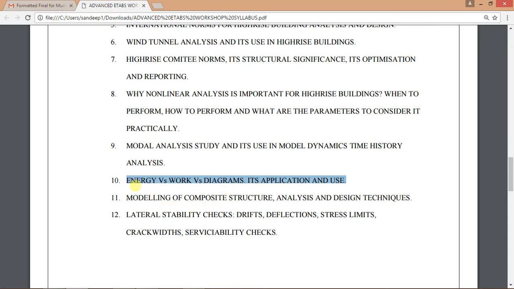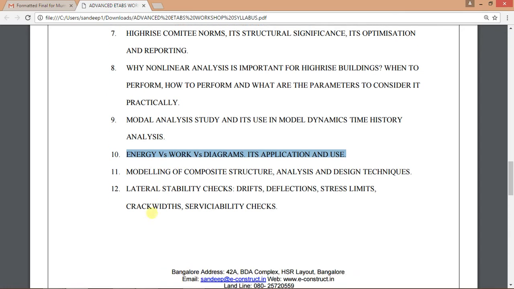This is extremely important, specifically if you want to change the first mode from torsion to translation, for example. Such themes help you understand which part of the building contributes more to that particular modal analysis, or even in the dead load, live load analysis.